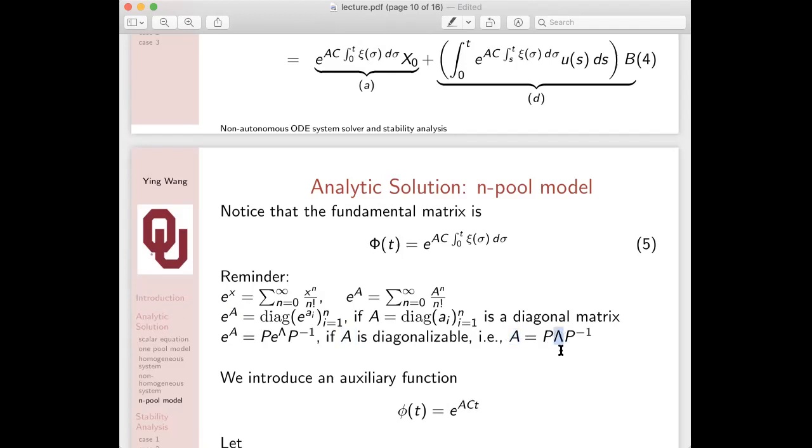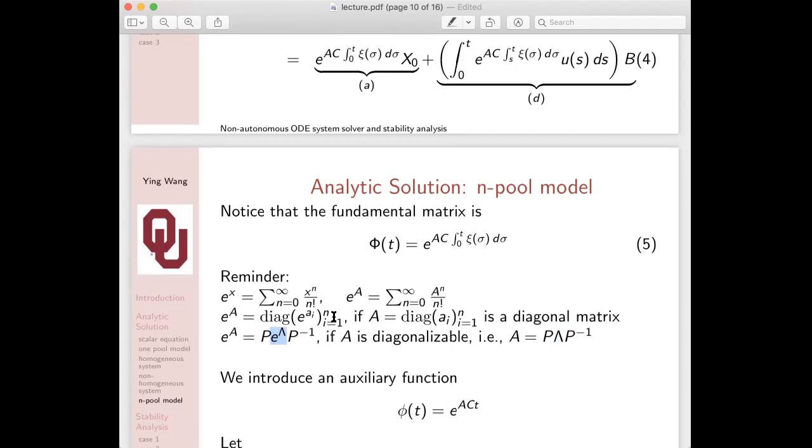Lambda is the eigenvalue matrix, a diagonal matrix with eigenvalues of A sitting on the diagonal. If A can be diagonalized like this, then e to the power of A is equal to P times e to the power of lambda times P inverse. And for a diagonal matrix, we know how to calculate its exponential. We saw this in the previous case here.